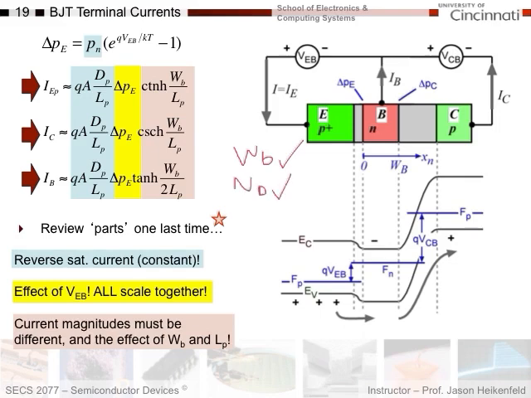And if we have a low doping level, that leads to a large diffusion length in the base. And so basically you see this equation tells us exactly what we wanted for the BJT. If you want good amplification with the BJT, you want a small base width and a low doping level, and the doping level appears in here in terms of the diffusion length, which is a function of doping level.